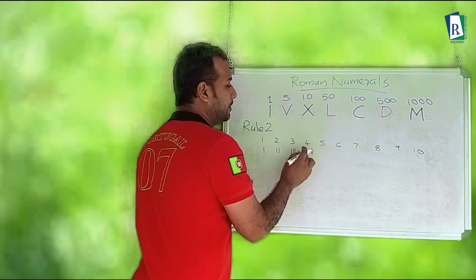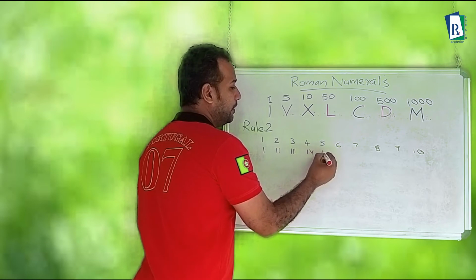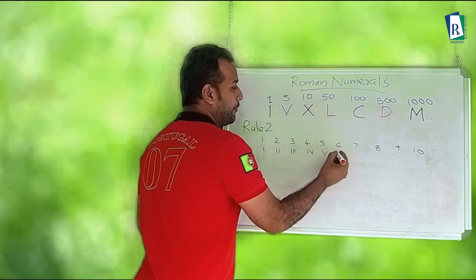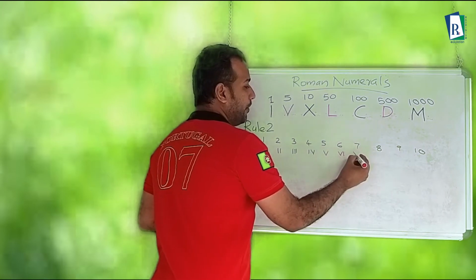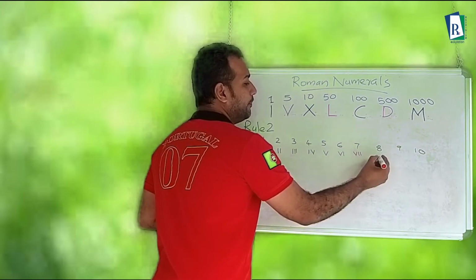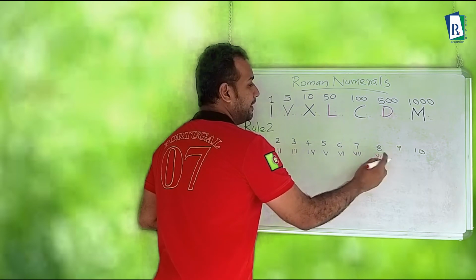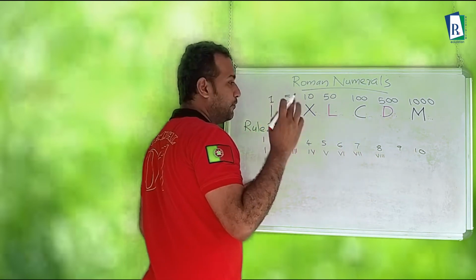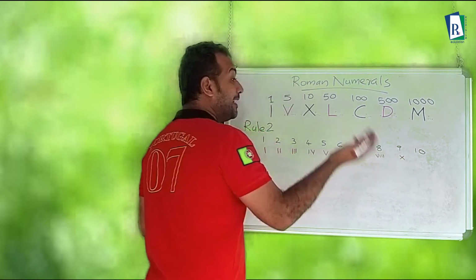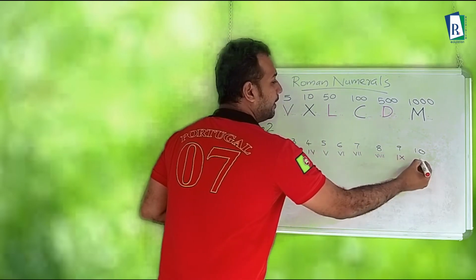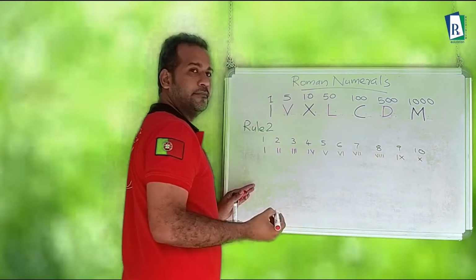Then 5 like this, 6, 5 right side 1, 7, 5 right side 2, 8, 5 right side 3, 9, 5 right side 4, no, 9 means take it 10, 10 left side 1, 10 is like this.